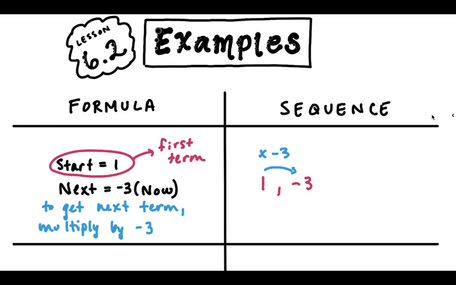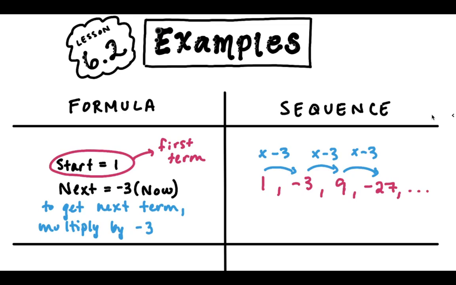Then I use my rule again to get the next term. I multiply by -3 again. So -3 times -3 becomes +9. Okay, to get the next term, we multiply by -3 again. So 9 times -3 is -27, and so on.